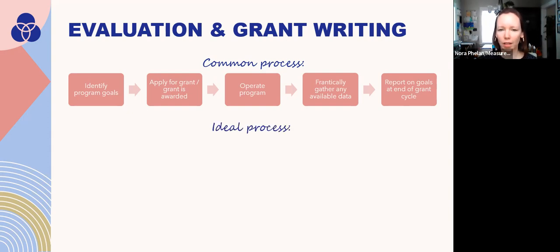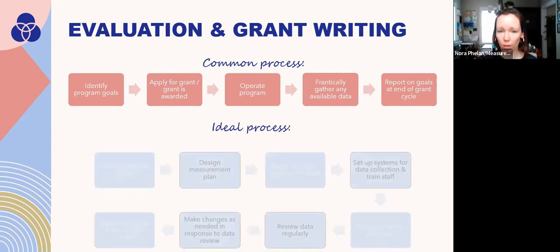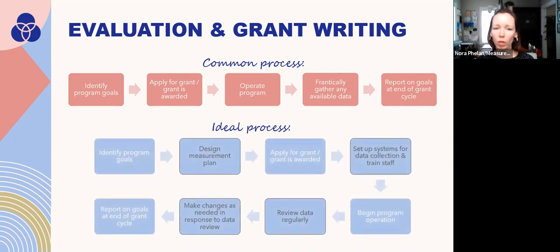So ideally, I would add a few more steps to this process. After identifying the program goals initially, designing a measurement plan is really an important step. And that step is before you apply for the grant. So it might seem at first that this would be kind of a waste of time. If you go through the extent of designing a whole plan of how you can measure everything, you may not get the grant.